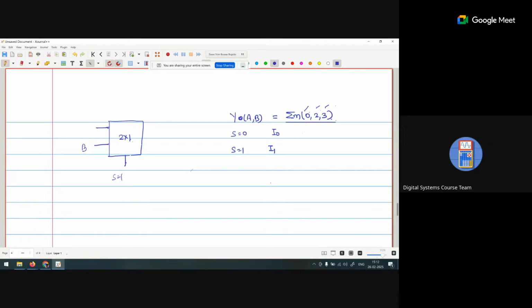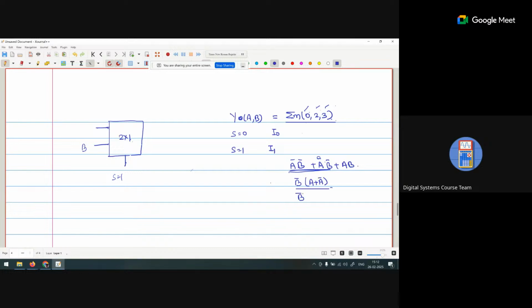What we do, we write the expression. So it is A bar B bar plus A B bar plus AB. Okay, when I take common from these two, what should be taken common? B bar is common, so it becomes A plus A bar.